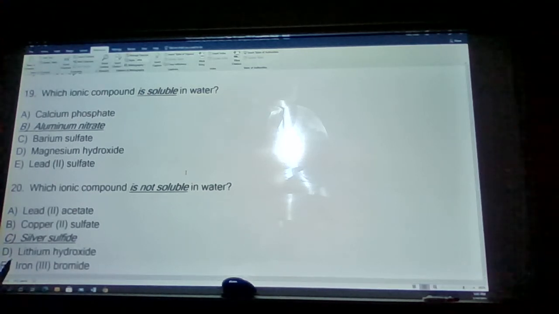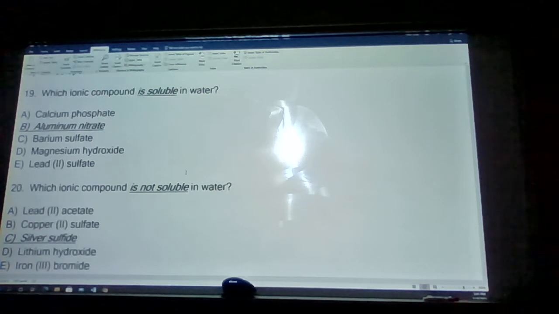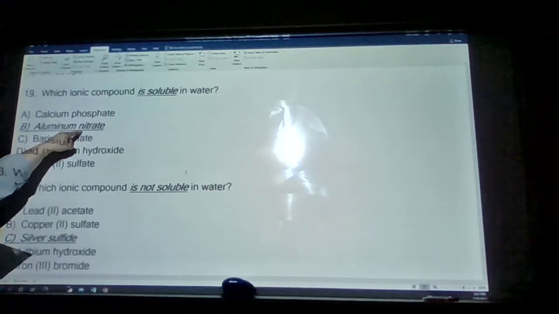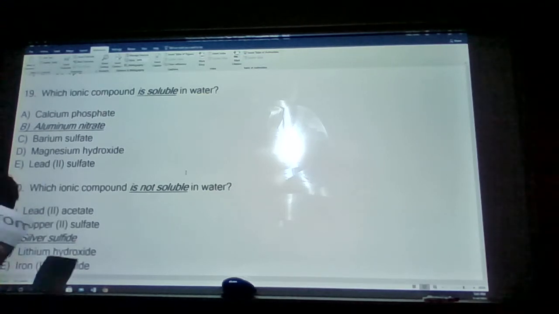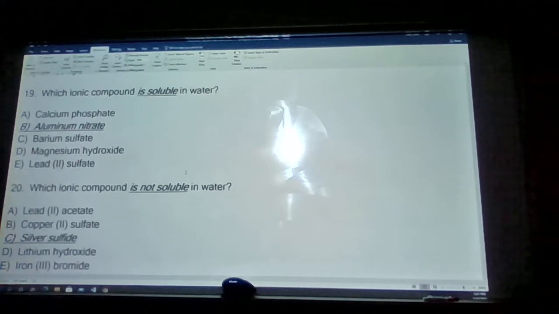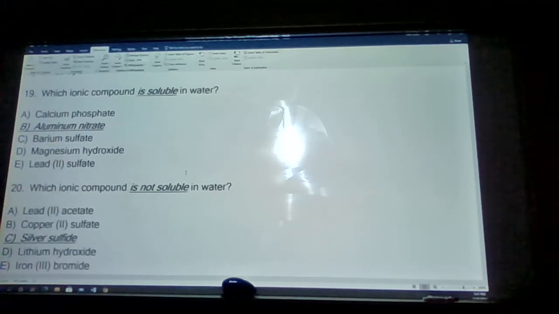Here, you're looking at the cation and the anion, starting on your first chart of your solubility chart. Of these, aluminum nitrate, NO3, is in that very first box of the compounds that are mostly soluble. If you have nitrate paired with anything, it's soluble. You don't have to worry about it. So nitrate here, B, is the correct answer.